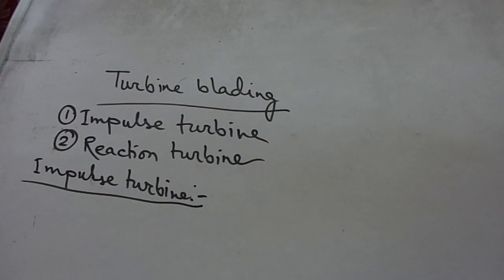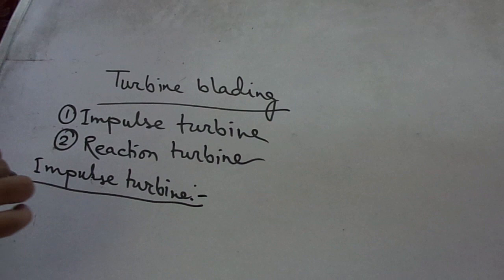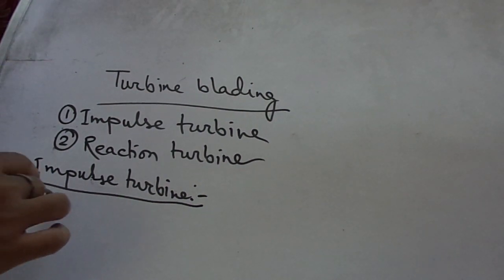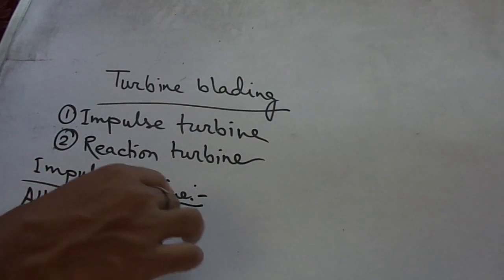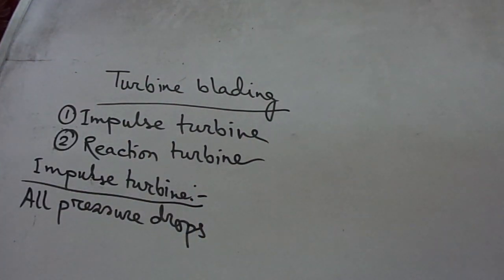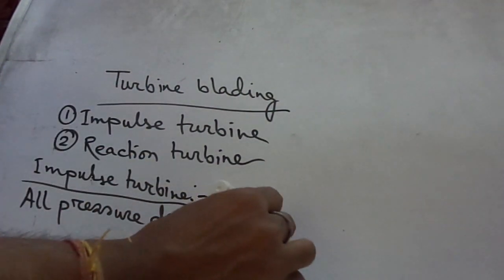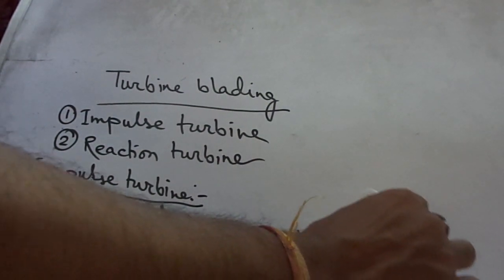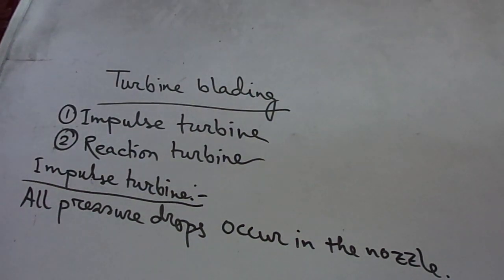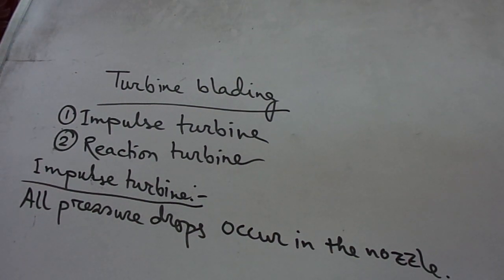All pressure drops of the steam occur in the nozzle, and there is no pressure drop as steam flows through the passage between two blades.